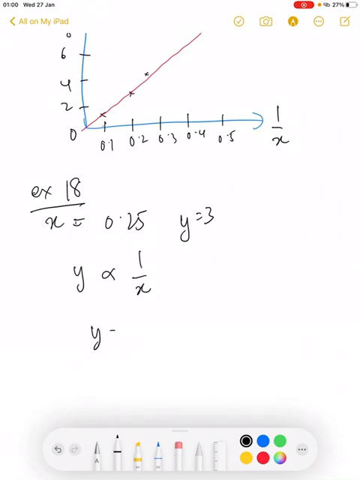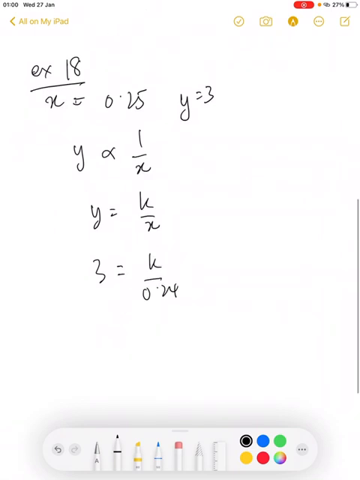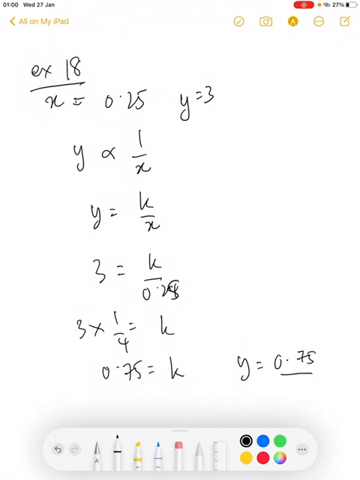So y equals k over x, and 3 equals k over 1 over 4. So 3 times 1 over 4 is 0.75, so k is 0.75. So y equals 0.75 over x.